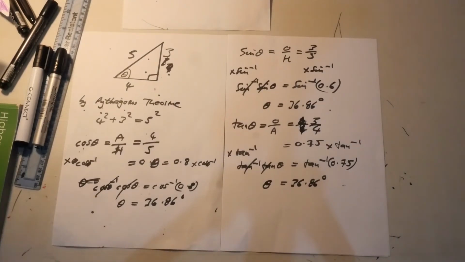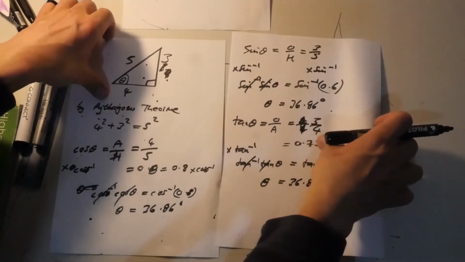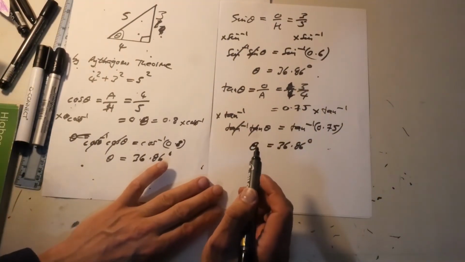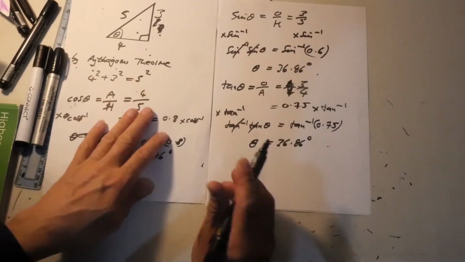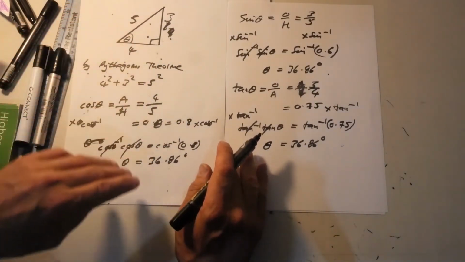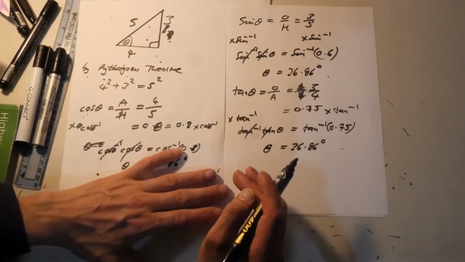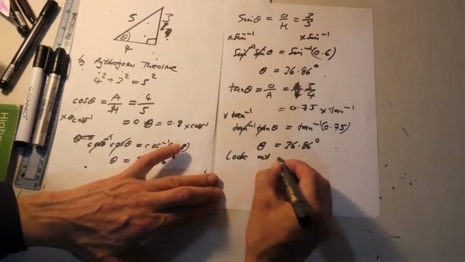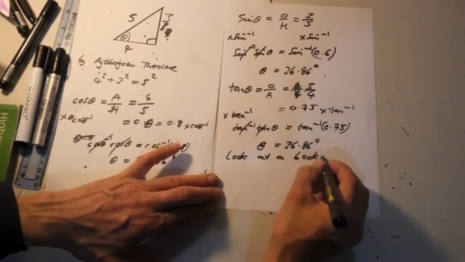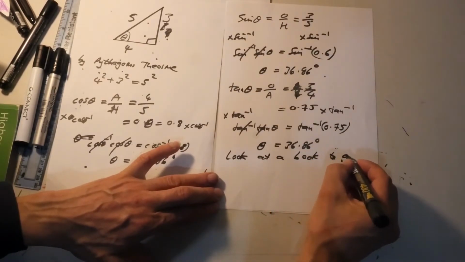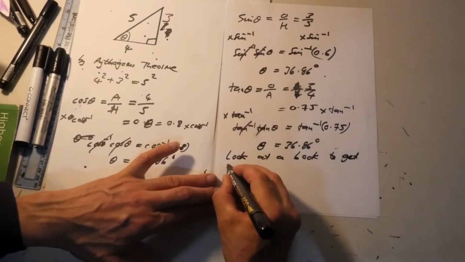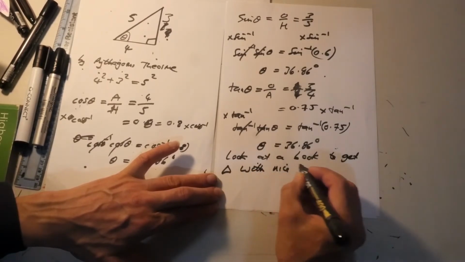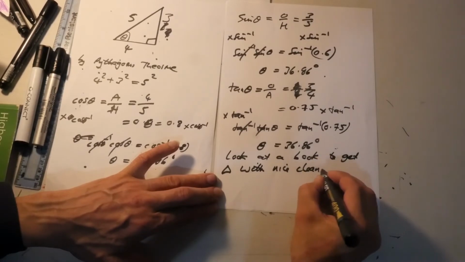So if you want to try working it out, you can work it for any triangle. Not all triangles will give nice clean numbers though. You have to find one which works, usually from a book. Look at a book to get a triangle with nice clean numbers.